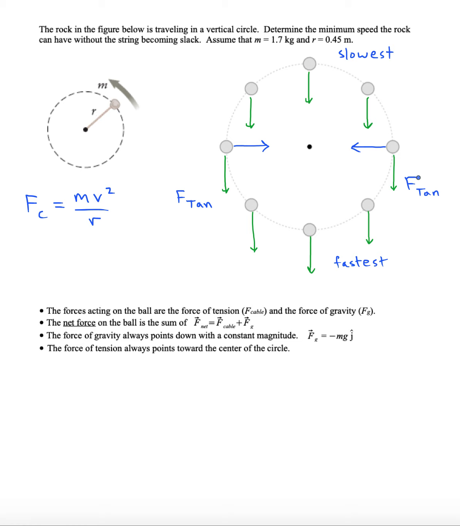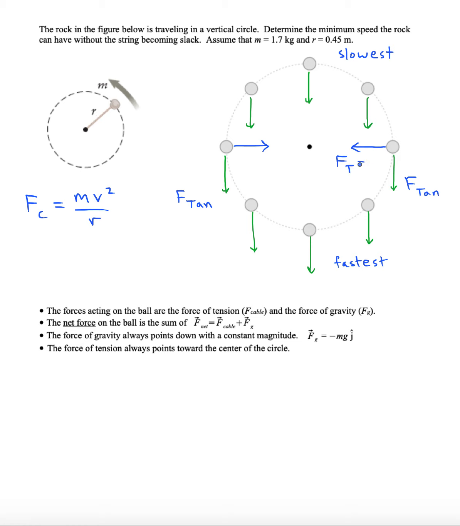All right, so this tangential force will definitely slow the rock down as it heads toward the peak. That's what a tangential force does. It either speeds up the object or slows it down, but it can't change the direction. The force that has to change the direction is this force here, the force of tension.